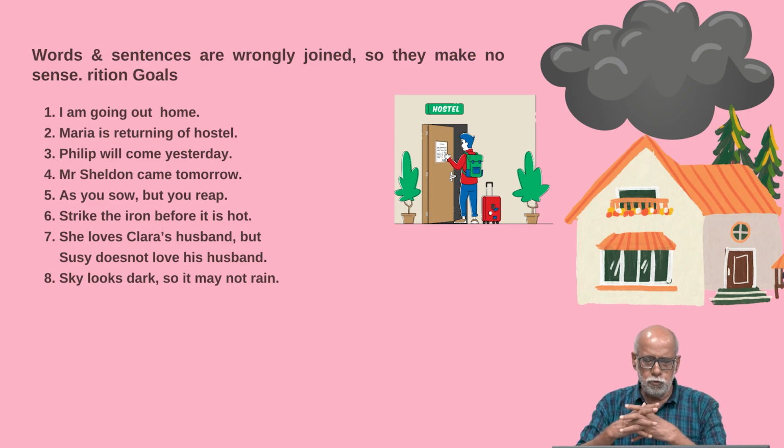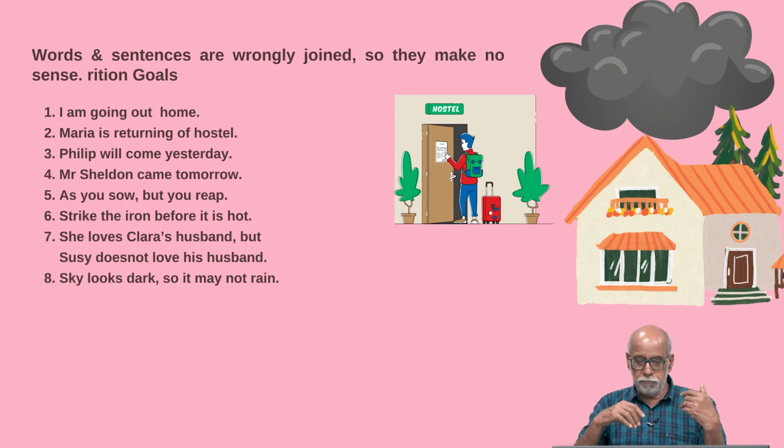Similarly, when you say a sentence like, she loves Clara's husband. Now, who is she? Is it Clara? If it is Clara, then it should come before. Clara loves her husband. Then the order of noun and pronoun is wrong, and then the wrong pronoun has been used.